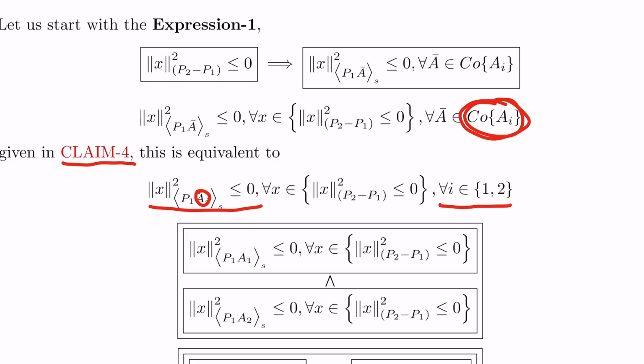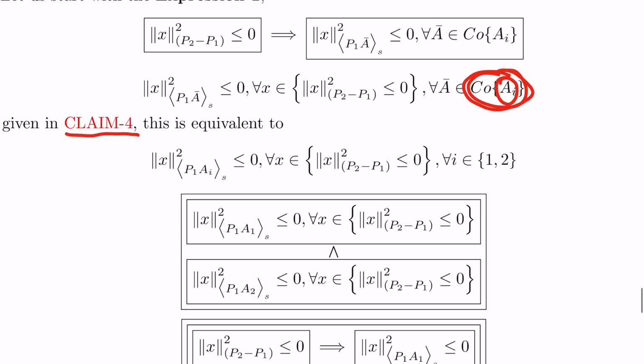Instead of looking at every point in a set that is created by taking the convex hull of those points, we are only looking individually at the given points, like A1, A2 here. And okay, so in claim 4 we discussed that.